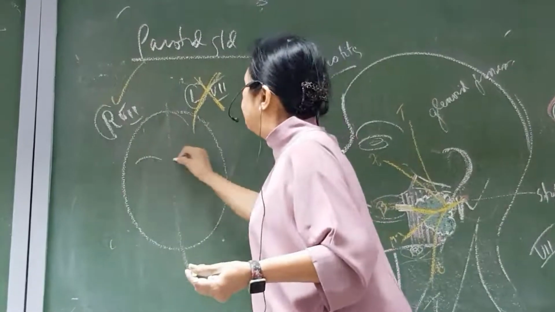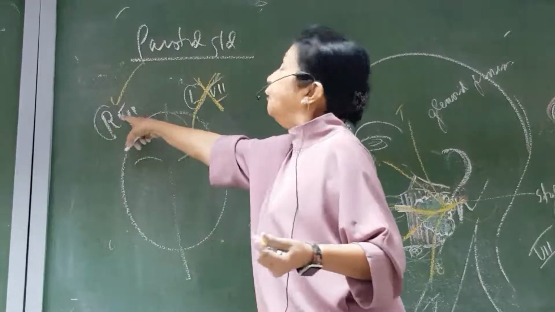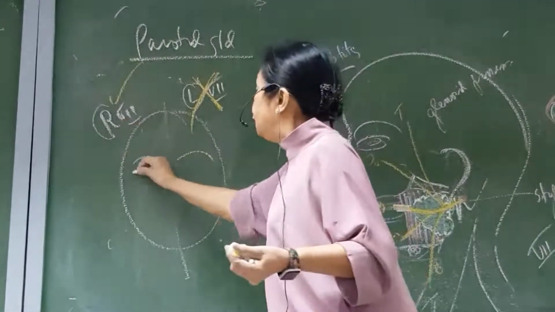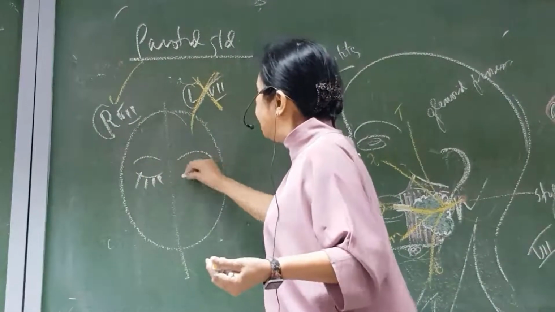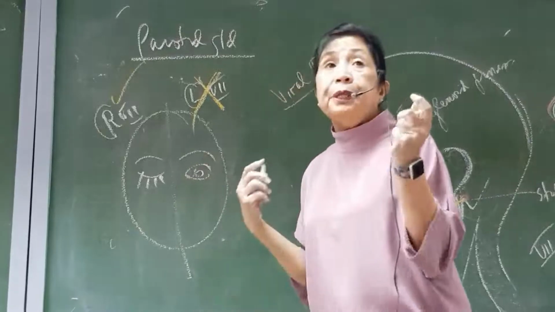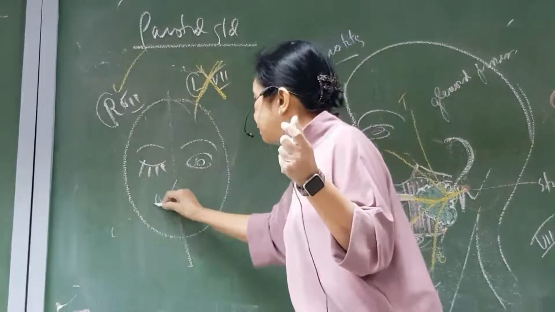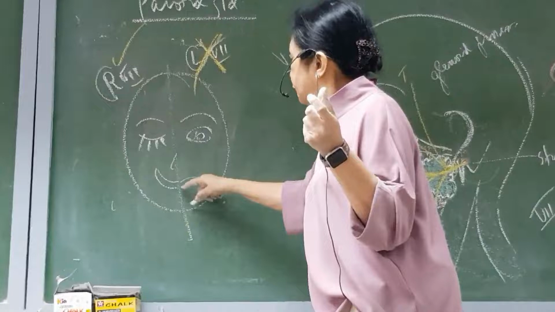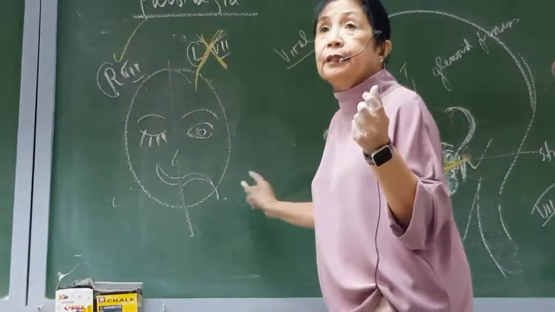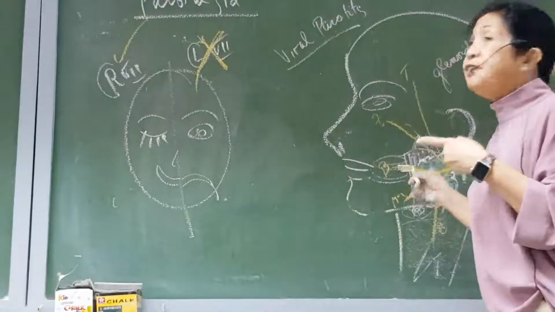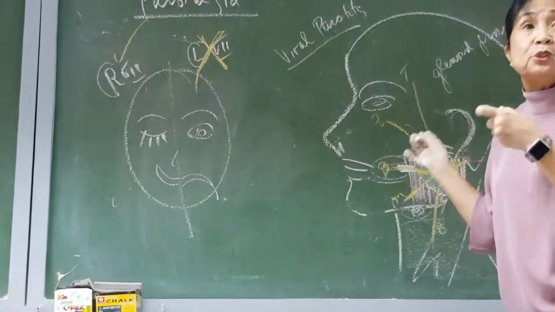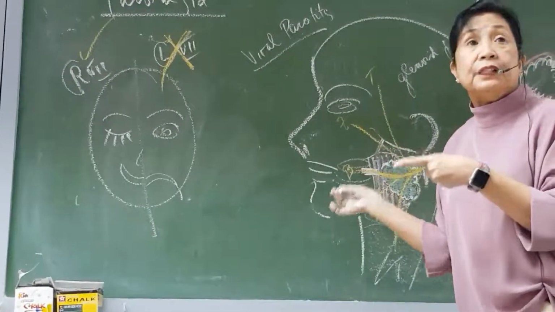You ask the patient to close his eyes. Ito, okay, ang orbicularis oculi, so you can close your eyes. But this one is open. You ask the patient to smile, of course you have zygomaticus major, you cannot do that here on the left side. Okay? So your facial nerve will be affected if there are cancerous tumors of your parotid gland.